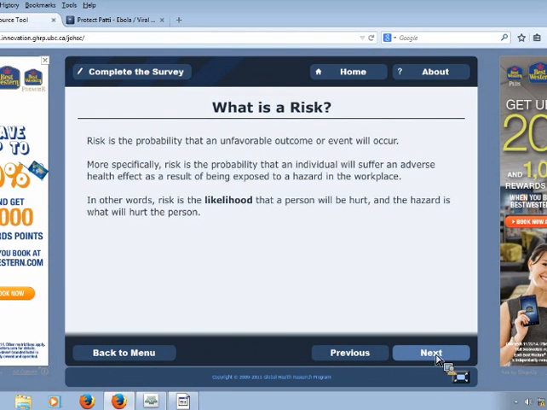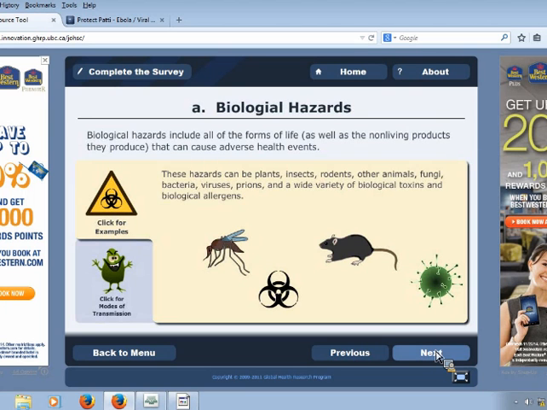Basically, the hazard is the source of the problem, and the risk is the quantitative likelihood of the outcome of a person being hurt, or whatever the outcome is. People tend to use those terms sometimes interchangeably, but they actually do have different meanings. As I mentioned, the biological hazards vary.